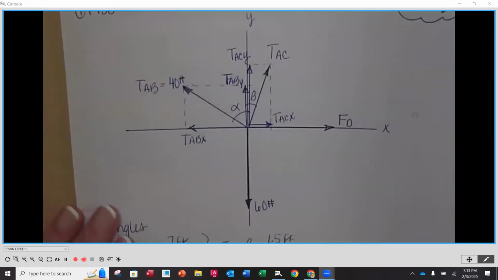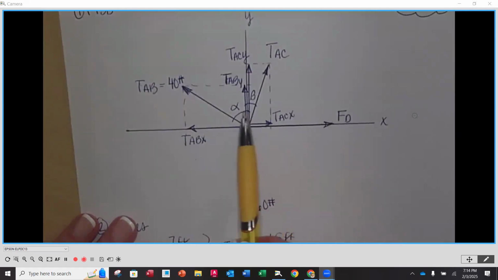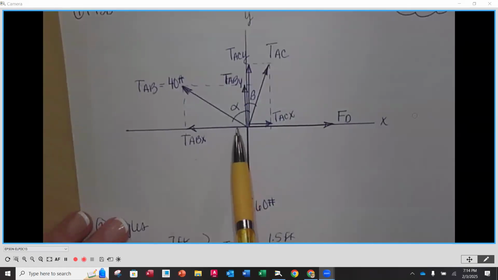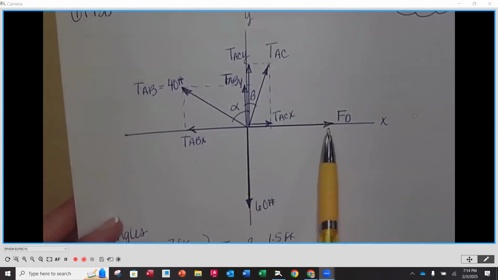Okay. So now I'm going to look just on my X-axis, and I'm going to write and give signs to the values that I have just on the X-axis. So you're going to notice that I have a negative TABX, a positive TACX, and a positive FD, which is that drag force.